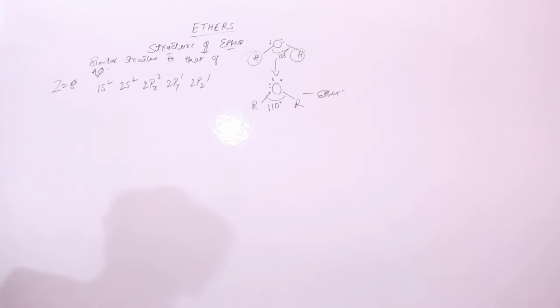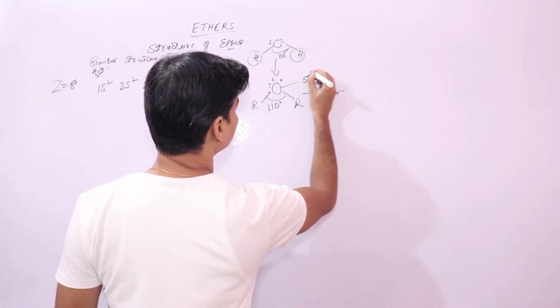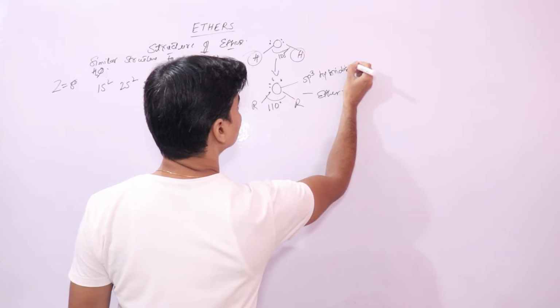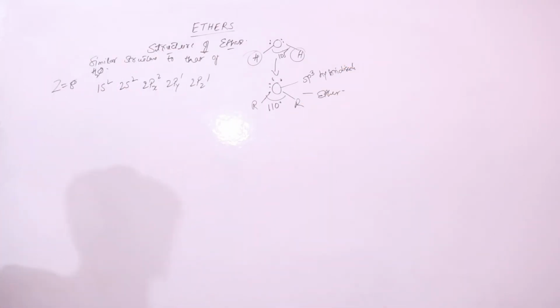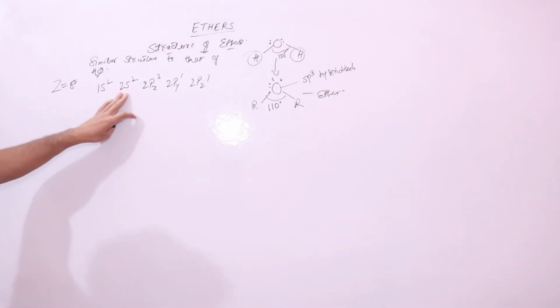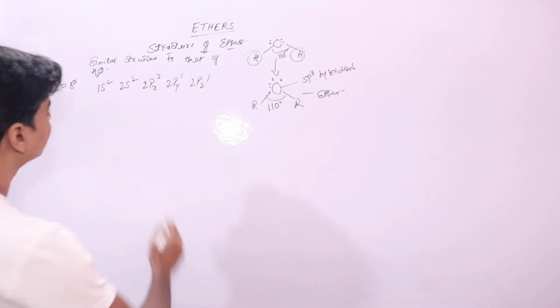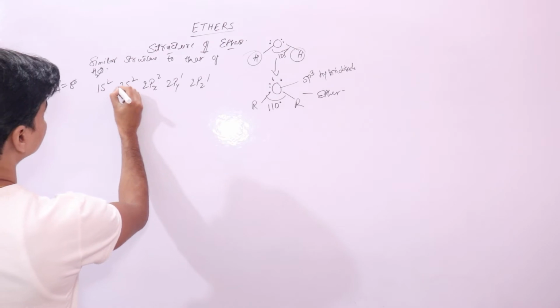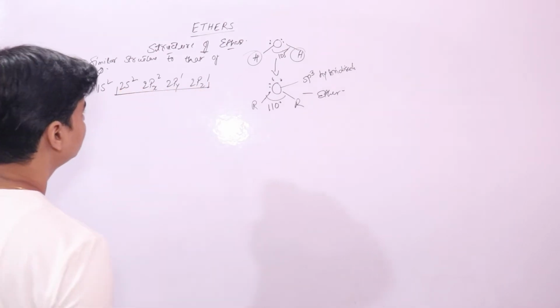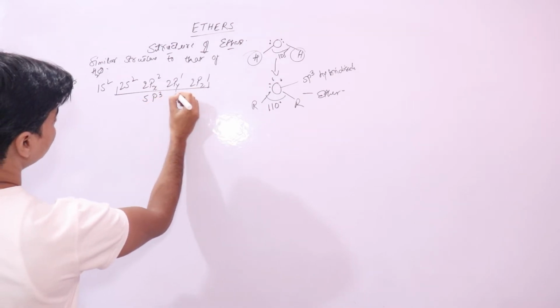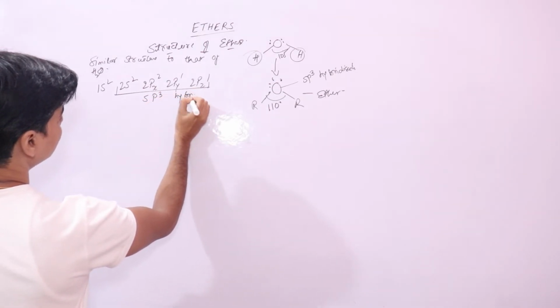The oxygen atom is sp3 hybridized. sp3 hybridized means one s and three p orbitals hybridize.